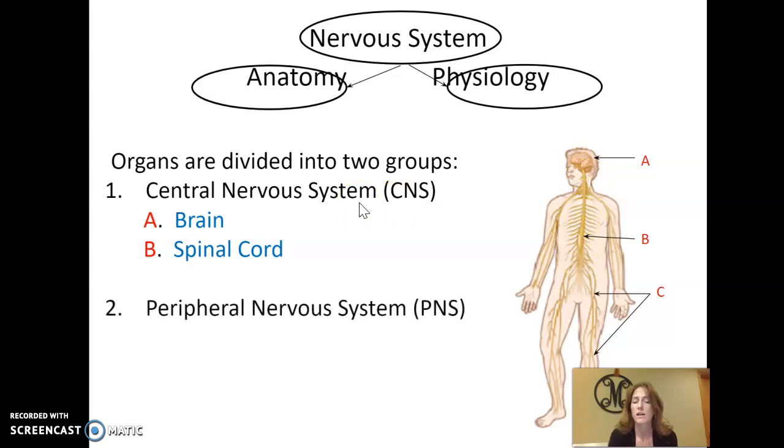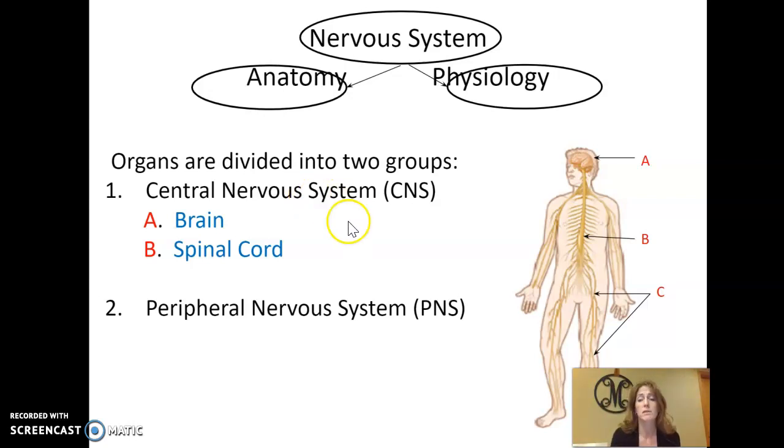The other part is the peripheral nervous system. Peri means around. Peripheral means on the outside. If you go to the eye doctor and have your peripheral vision checked, it's not what you can see straight ahead. If you focus straight ahead, they look and see what your eyes can register on the periphery or the outside.